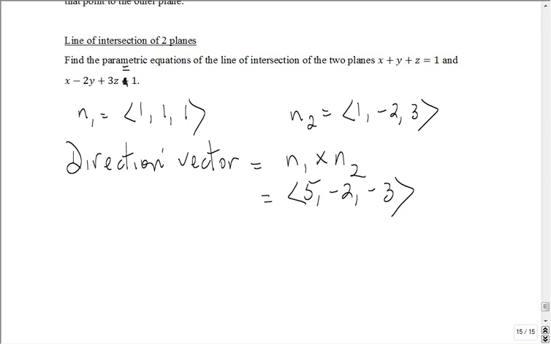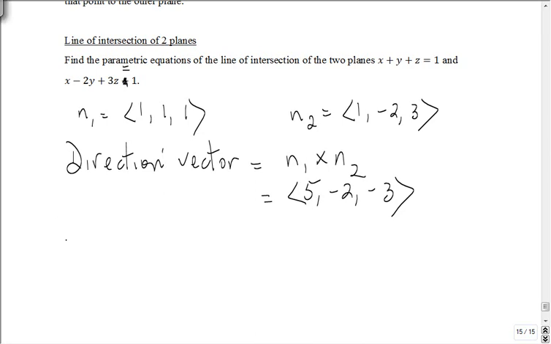So that's an easier way to do it. You can equate the two planes, put them equal to each other, and then you will get an equation with x and y that you can solve by putting parameters. It's a very long method, but I think the easier method is to just choose z equals 0.